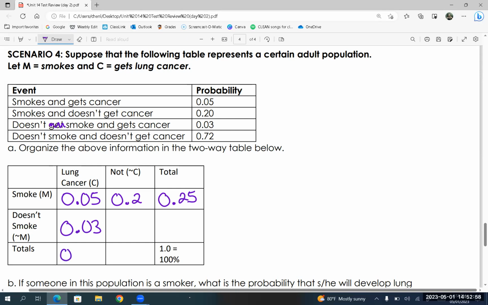Adding those together gives 0.08. Doesn't smoke and doesn't get cancer is 0.72. Adding these down, this equals 0.92. Adding across gives 0.75, which makes sense because both the row and the column of totals equal 100%.